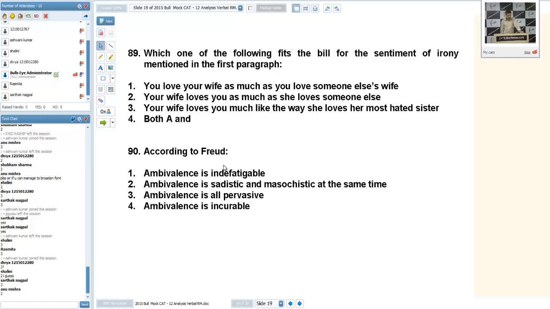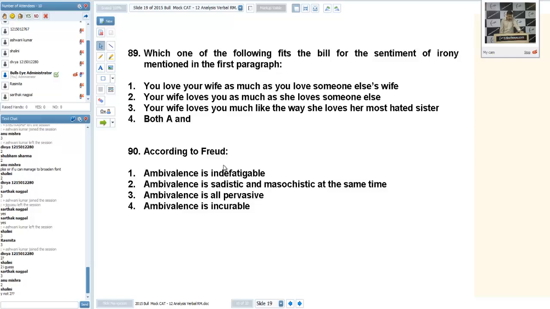Ambivalence is sadistic and masochistic. These are the viewpoints of Freud, but it doesn't tell anything about ambivalence. So we are talking about ambivalence right now. Therefore the best answer is third.